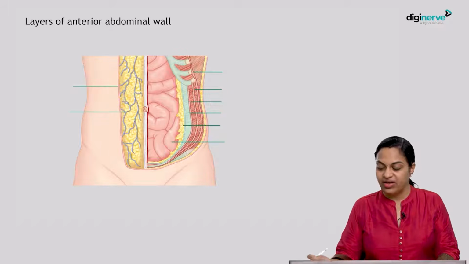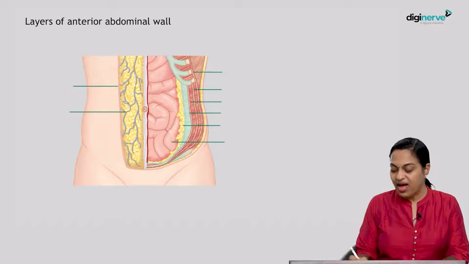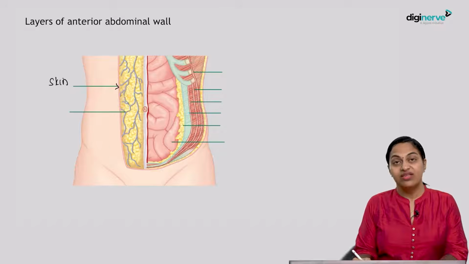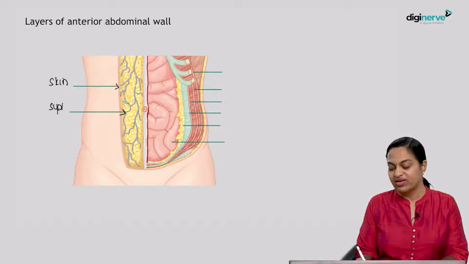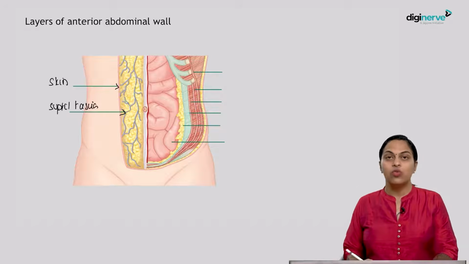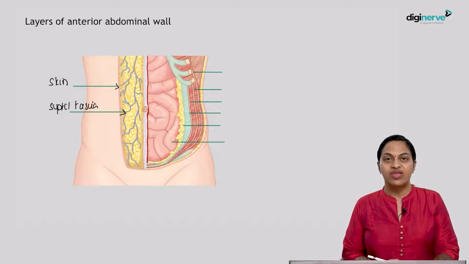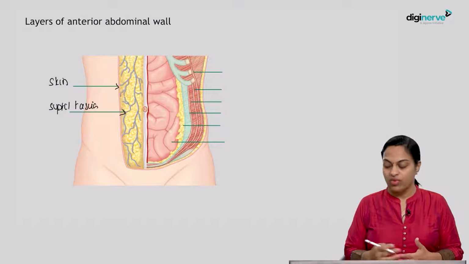Let us identify the layers of the anterior abdominal wall. To start with, this is the skin. Beneath the skin, we have the superficial fascia, isn't it? And beneath the superficial fascia, we get to see three flat muscles in the anterior abdominal wall.